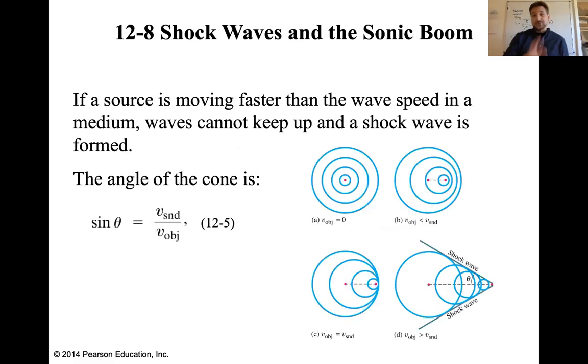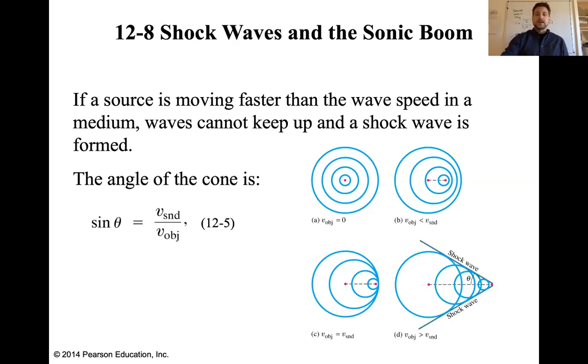If the source moves too fast, it outpaces the wavefronts, and we can end up with a shock wave where the wavefronts cannot keep up anymore. We're actually going faster than they are. And there's these lines where all those crests exist kind of together all at the same time.